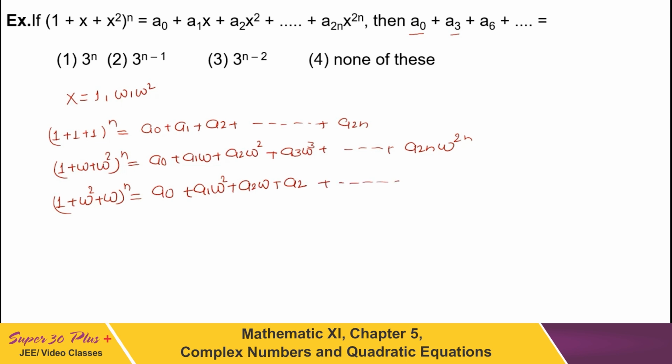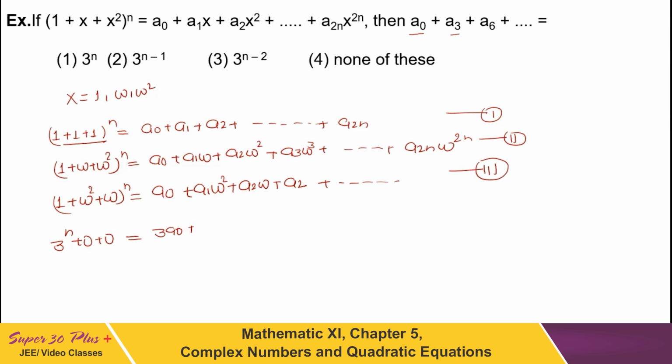Now we are going to add these three equations. What will happen? If we add equation number 1, equation number 2 and equation number 3, the left hand side is 3 to power n plus 0, which is equal to the sum of right hand sides. Now we add a0, which gives 3a0, plus a1 omega square plus a1 omega.